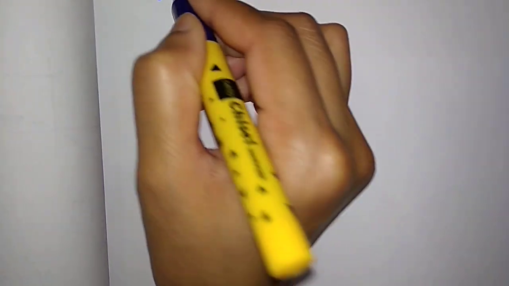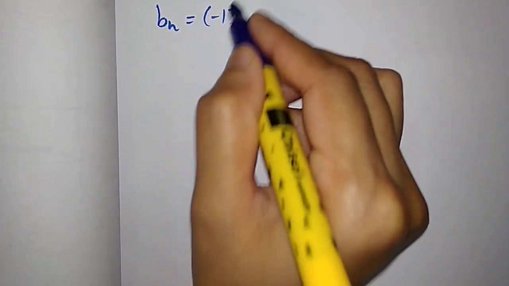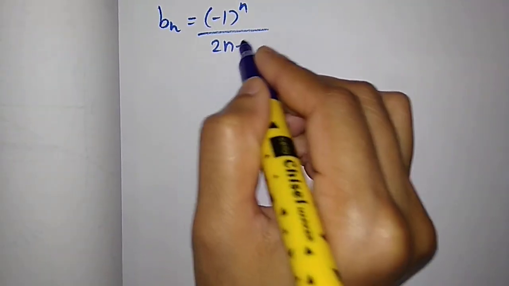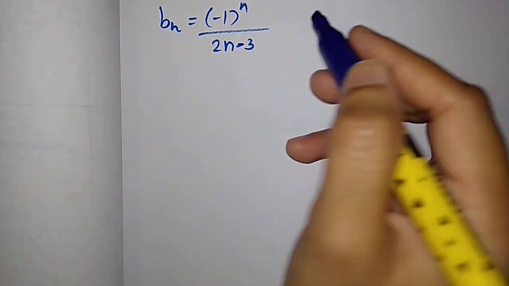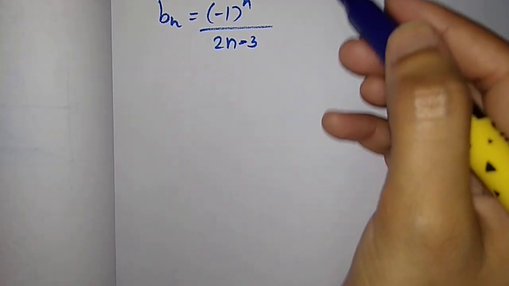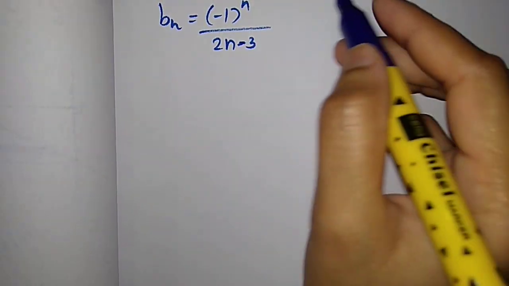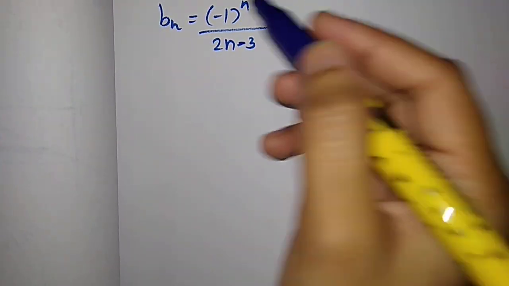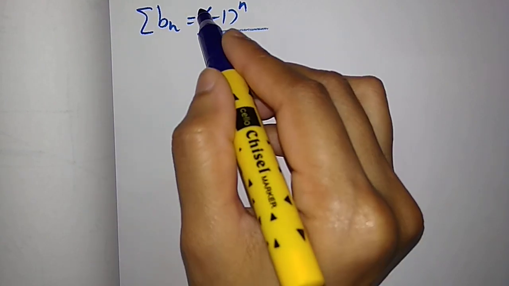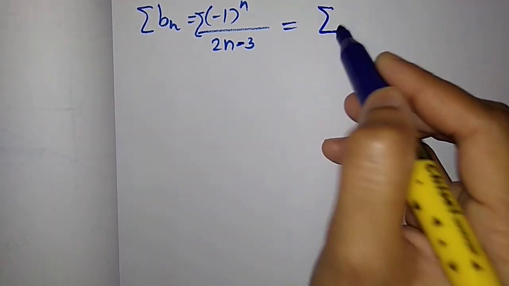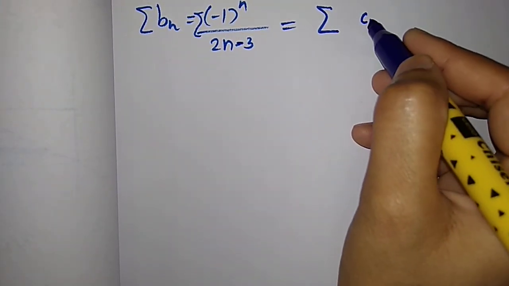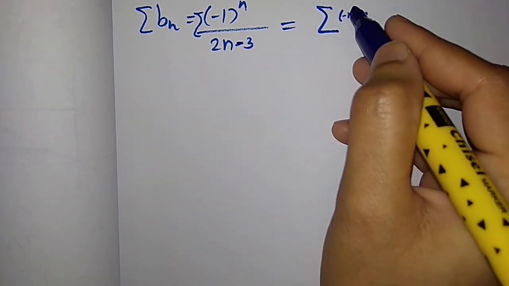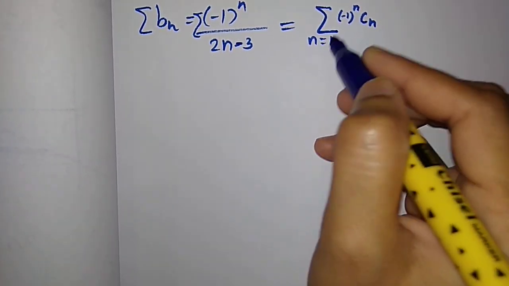Now let us see whether this b_n converges or not. So here b_n is equal to (-1)^n divided by 2n minus 3. Obviously it is an alternating series, so we will use the Leibniz test. Apart from the sign, let us write this as summation of (-1)^n c_n, n runs from 1 to infinity.